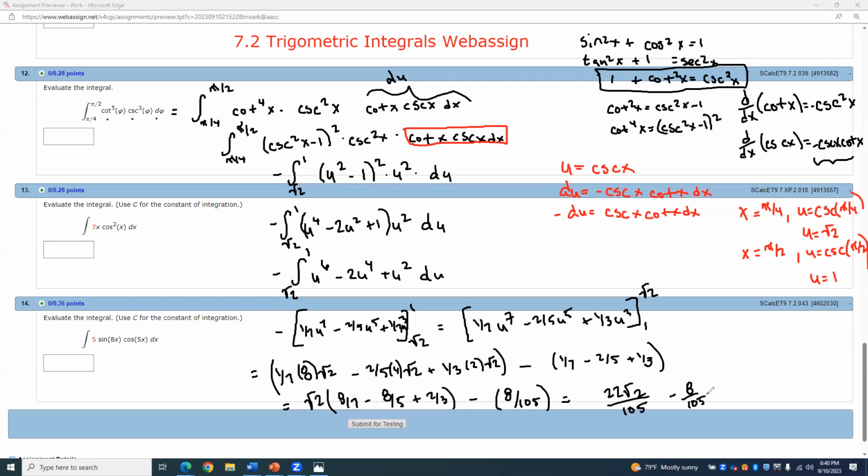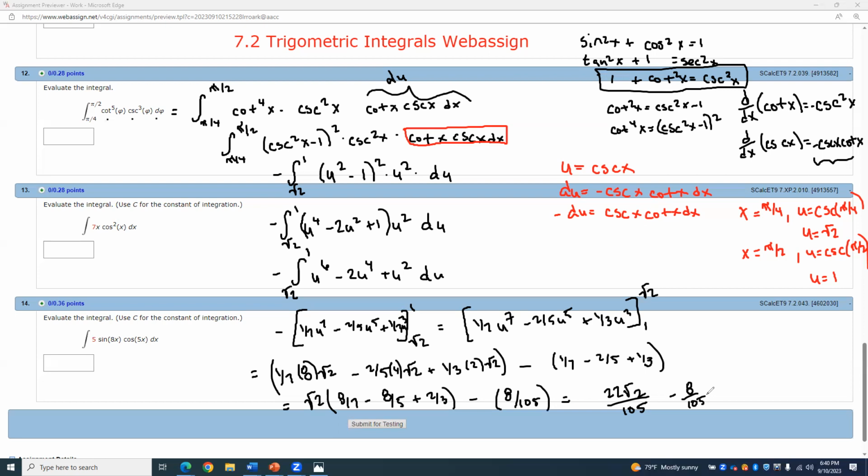Once we do that, it can be painful, as we saw, with some pies and some square roots and fractions, all of those things combined together. But overall, the key is the first part, understanding the trig identities, understanding what we can pull out as du, and then going over to u-substitution. Okay, I know it can get a little rough in between, but hopefully that was helpful.